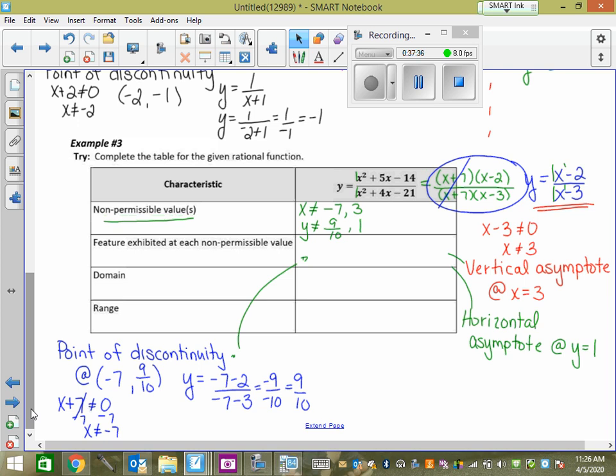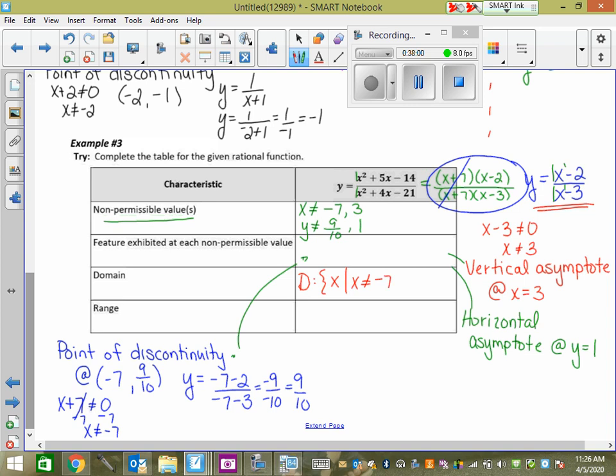All right, the domain. X can't equal 3 or -7. So that's the first thing we're going to state. So we're going to go domain. Squiggly brackets means such that, the set of values. And the variable we're using is x in here for all the domains, such that, straight up and down line, x cannot equal. What are the two things x can't equal?